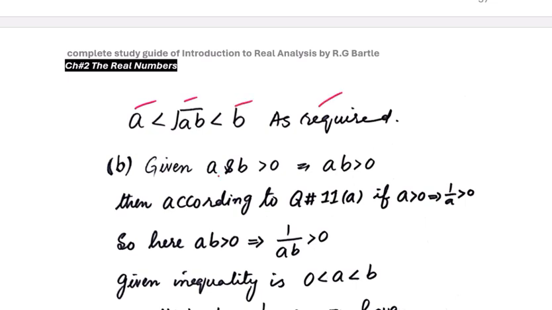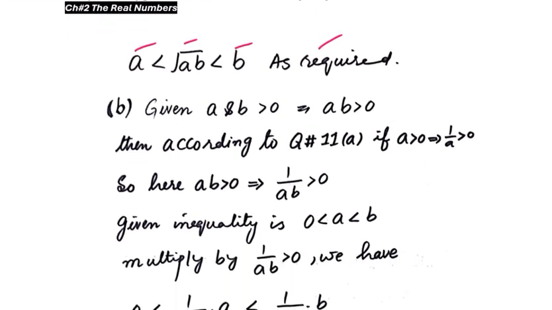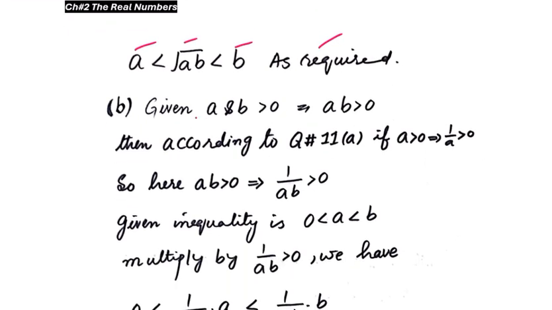Now we show that if A and B both are positive real numbers, then their reciprocal 1 over B is less than 1 over A. Given that A and B both are greater than 0, it means their product AB is also greater than 0. Then according to question number 11a, which says if A is greater than 0, then its reciprocal 1 over A is also greater than 0. So here, as AB is greater than 0, its reciprocal 1 over AB will also be greater than 0.